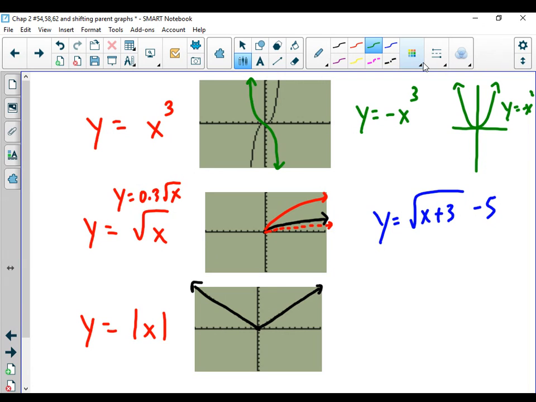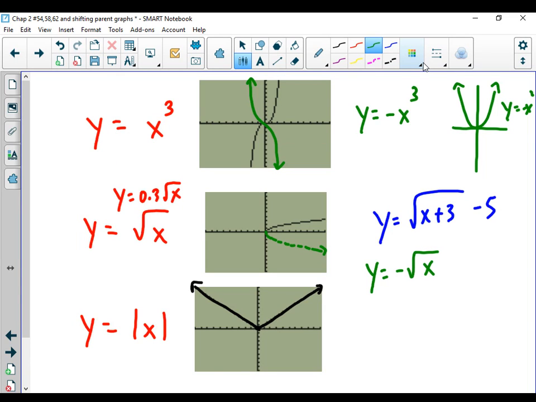Same deal if I were to say, okay, what's the graph of y equals negative square root of x? Well, now I'm going to take that, and again, I'm going to reflect it over the x-axis. So it's going to look almost like another side of a parabola if we piece it together with the first one. Okay, so the negative just means I reflect.